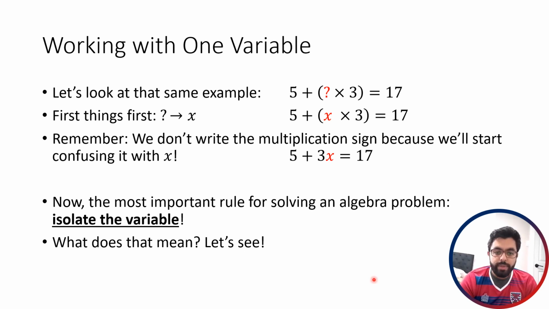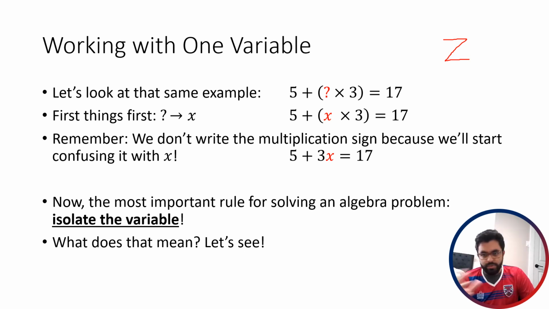So for me, this is just a little tip. A lot of you might write the letter Z like this, which is exactly how I wrote it my entire childhood. I thought this was the best way to write the Z. It's the easiest way. You don't have to put any extra markings. But then as you start doing more math problems, and as you get more comfortable with them, you start to write a little bit faster.